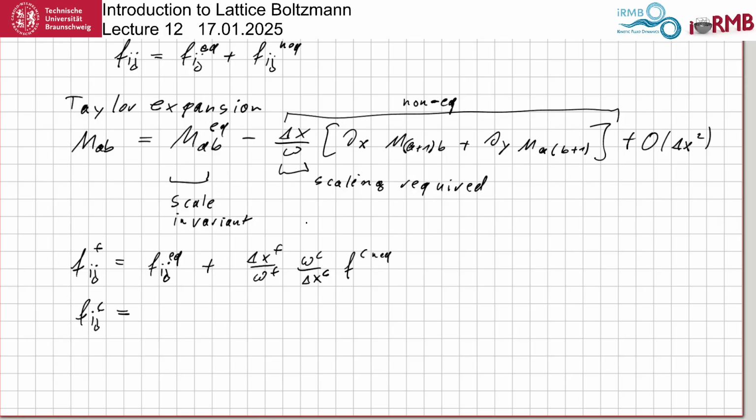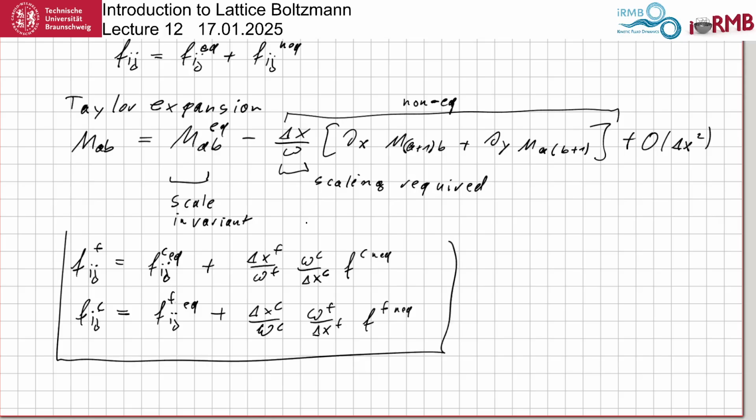The coarse population is the equilibrium of the fine, equilibrium of the coarse previously, and now equilibrium of the fine, plus delta x coarse by omega coarse times omega fine by delta x fine times f fine non-equilibrium. Okay, so these are the transformations.